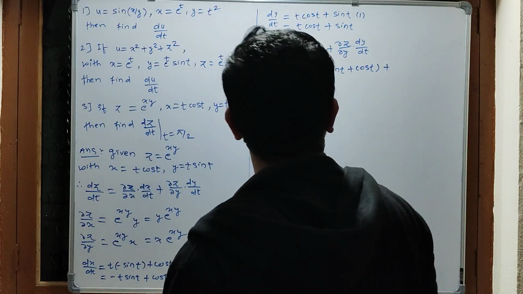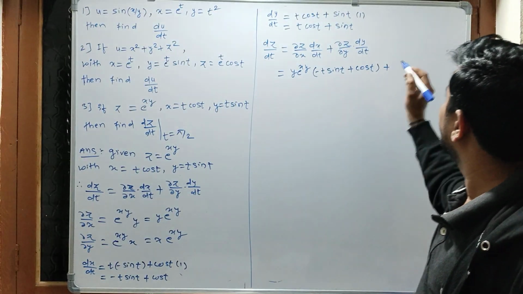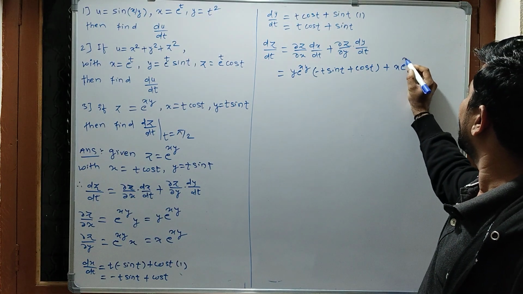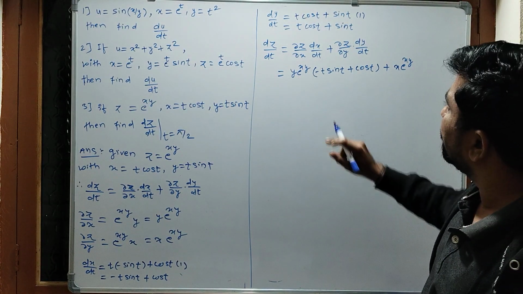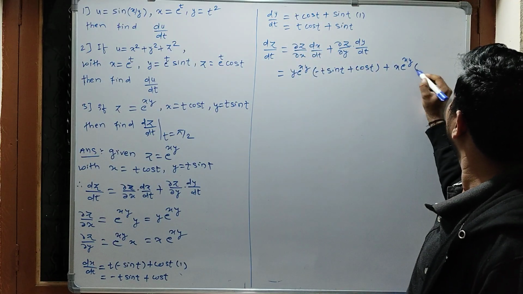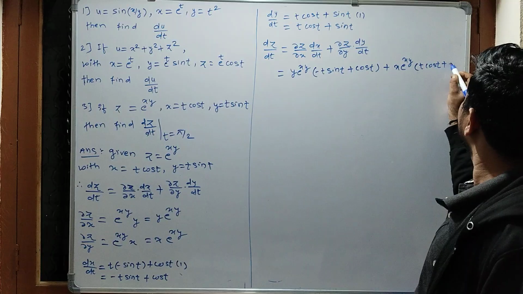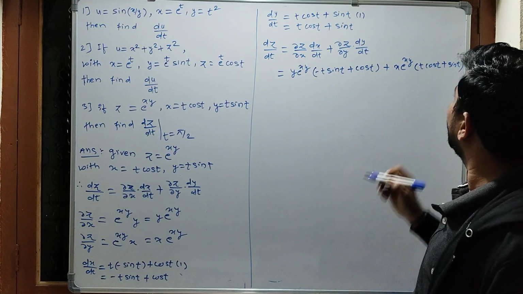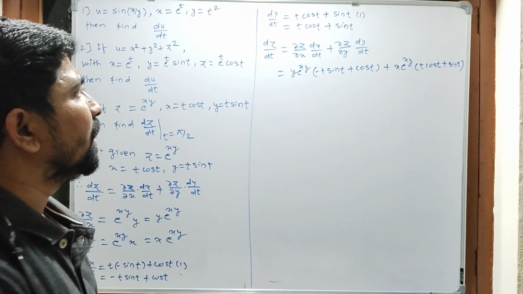Plus ∂z/∂y: ∂z/∂y is x times e to the power xy, and dy/dt is this, t cos t plus sin t. Now completely convert this equation in terms of t.